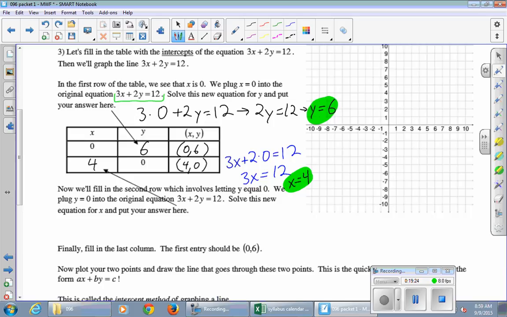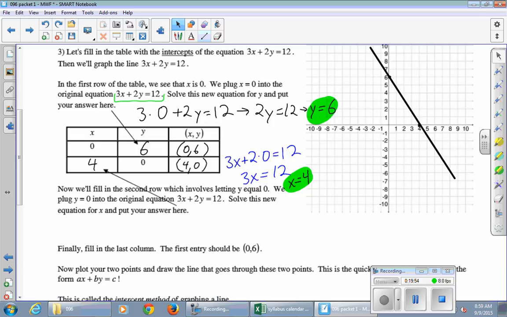So we plot those 2 points, 0, 6 and 4, 0. And then we connect the dots. You guys gave me such a hard time about my line before. Take that. And I think that's the easiest way to graph equations of that form.